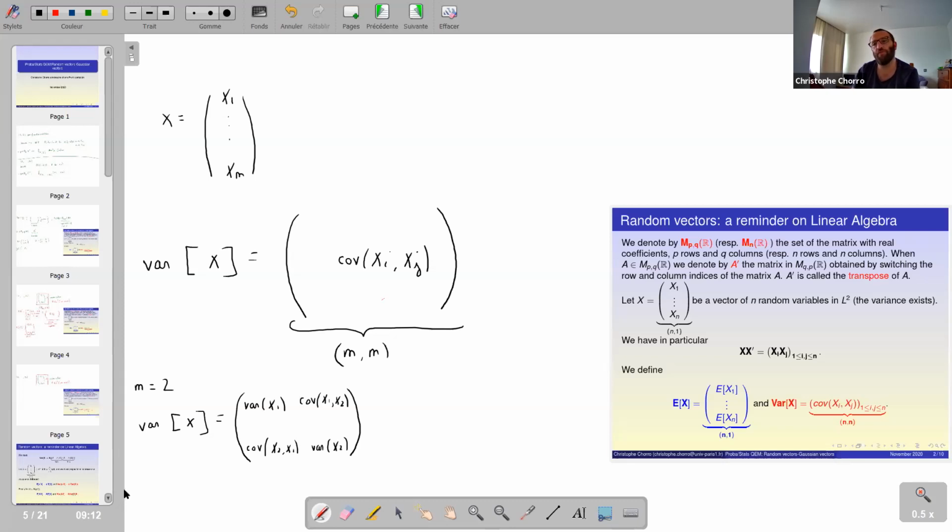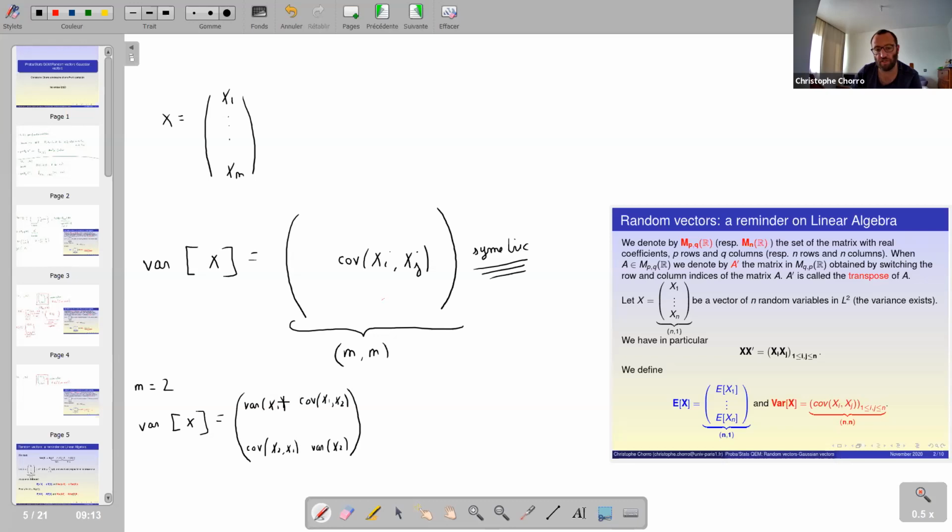From the property of the covariance, I know that the covariance is symmetric. Covariance of XY is equal to covariance of YX when I deal with real random variables. From this fact, I obtain a matrix that is symmetric, meaning that if I consider the transpose, where I invert the columns and the lines, I obtain exactly the same matrix because these coefficients are equal.